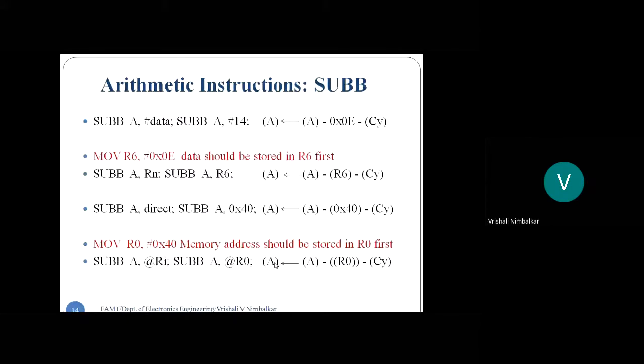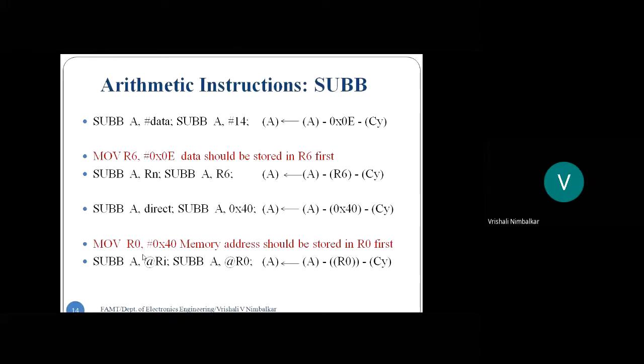Okay. Now, if you do not want this carry, make sure you clear the carry and then write SUBB. Is that okay? I don't want that borrow to be subtracted. Then what you do is clear the borrow and then write SUBB. Fine, students. And see, when do you need add with carry? Whenever you are adding or subtracting 2 numbers and the size of the 2 numbers is more than 8 bit.